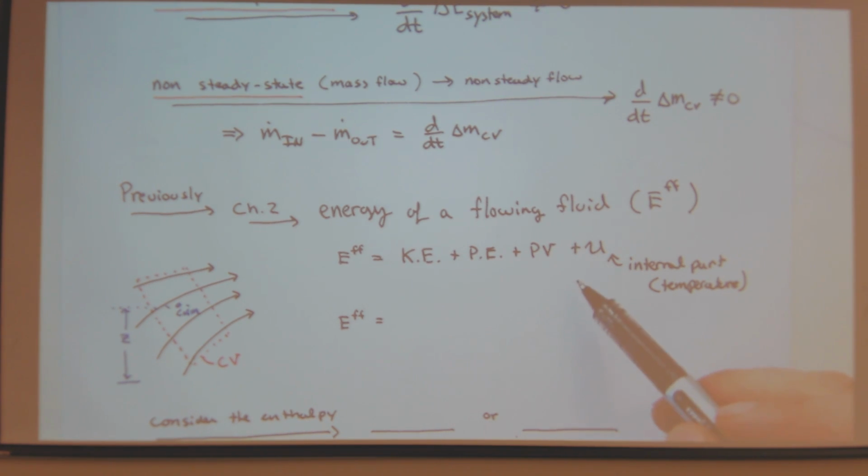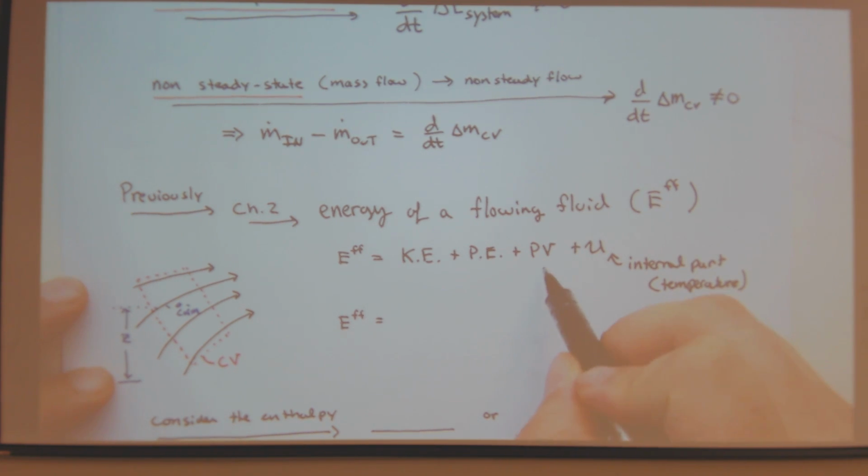But in general, increase the temperature of a material, its internal energy goes up. It's almost universal. And then this one is kind of an internal but pressure part. So as I increase the pressure within my control volume, what happens to its energy? It increases too. You could just look at the ideal gas law to get the proportionalities.